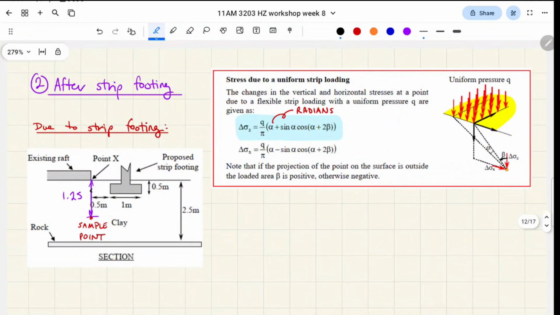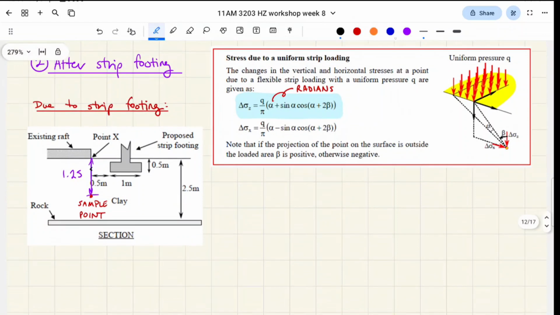Here's where it gets a little bit tricky, because for a strip footing, the geometry is a little more cooked. I'm not gonna lie. Okay. So the first thing you have to realize is that from our sample point to the base of our strip footing, this is 0.75 meters. Okay.